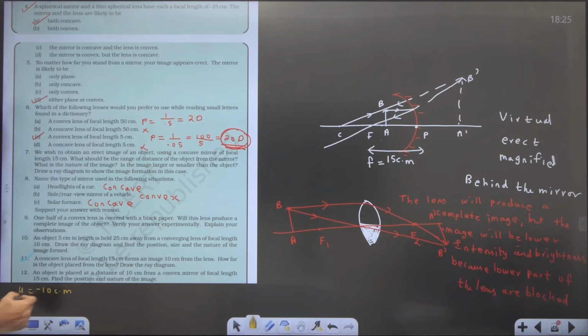So U equal to minus 10. Focal length is equal to plus 15. Object distance is minus 10. The focal length is 15 centimeter. Why plus 15?